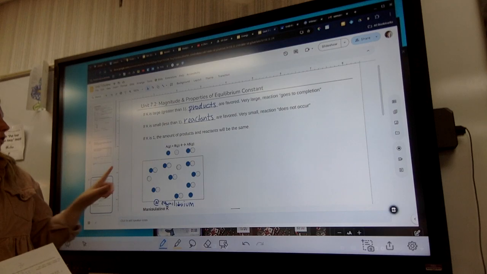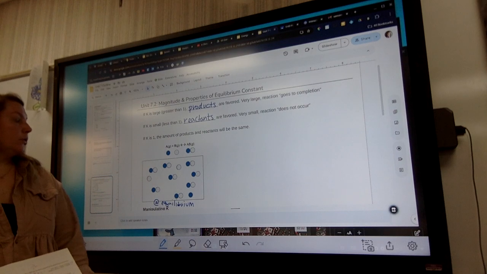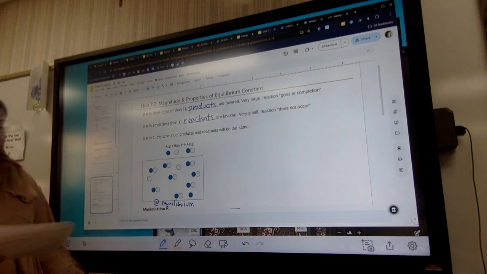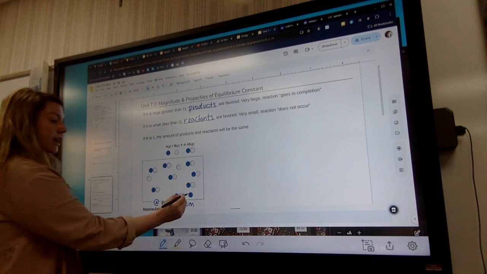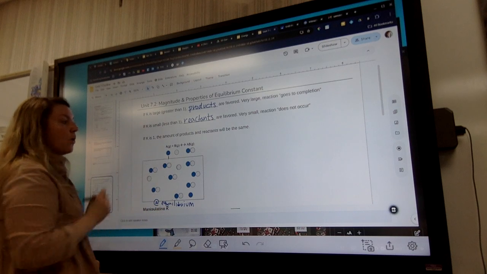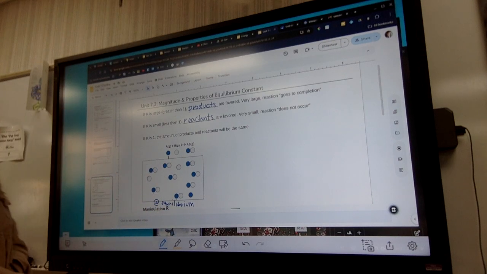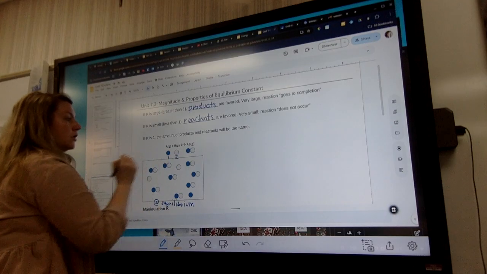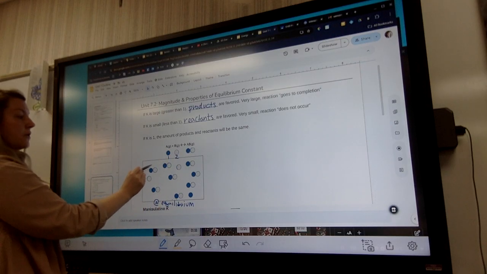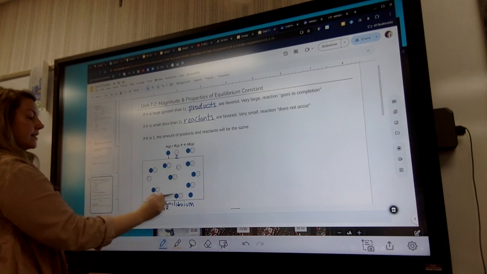For our blue single A, how many do we have in the box? Just 1, right? Just this one right here. So we have 1 of our A. How many of the B do we have? 2. There's 1, 2. And then for AB, we have 1, 2, 3, 4, 5, 6, 7, 8.